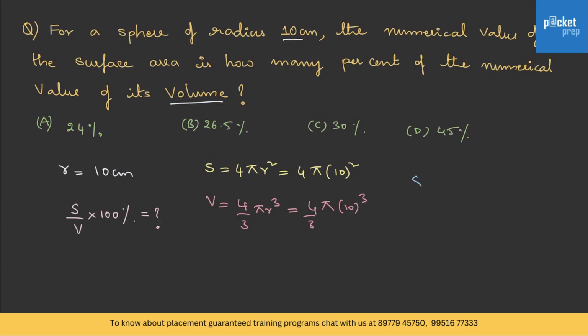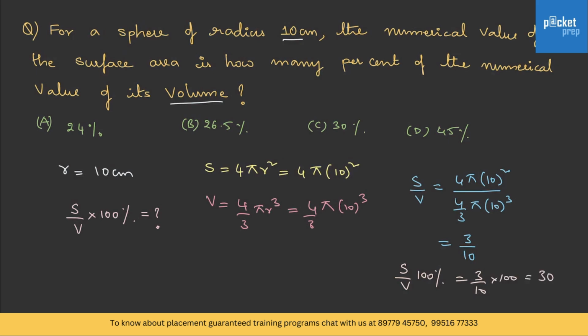Now let's take the ratio S by V, that is 4 pi 10 square by 4 by 3 pi 10 cube. This is 3 by 10. Now we need the percentage, that is S by V into 100%, that is 3 by 10 into 100, that is 30%. Therefore option C.